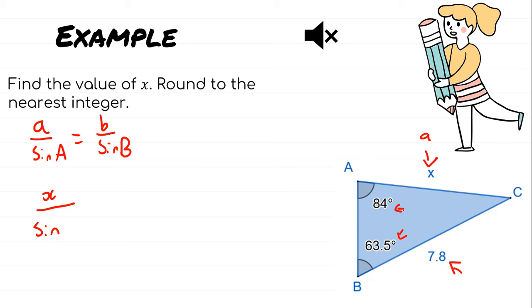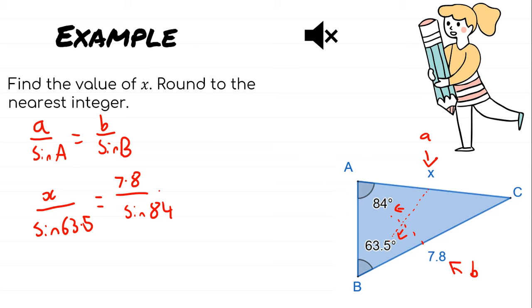Now, what would angle A be? Angle A would be the angle opposite this side. So that's going to be sine A is going to be sine 63.5. B, we're going to label this other side, which is 7.8, and that is opposite the other angle. So that's going to be sine 84.